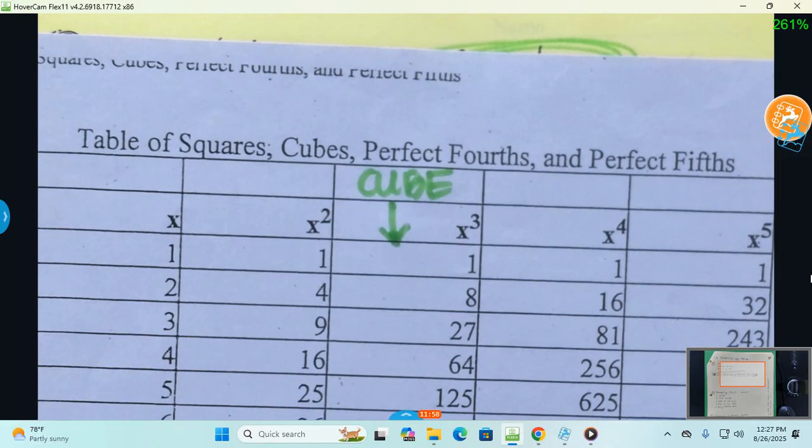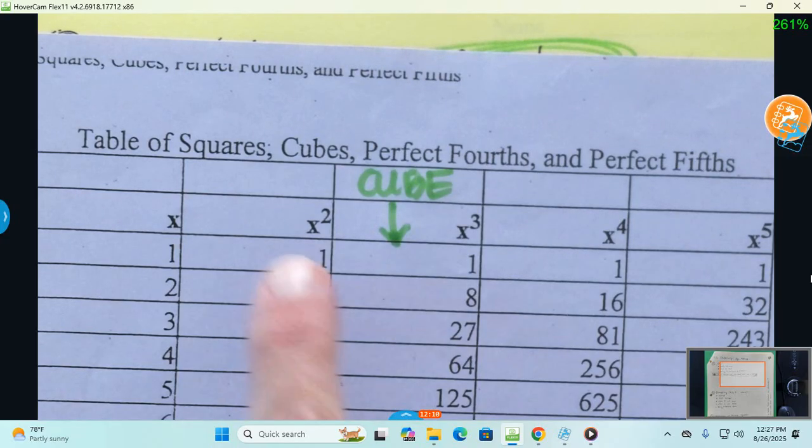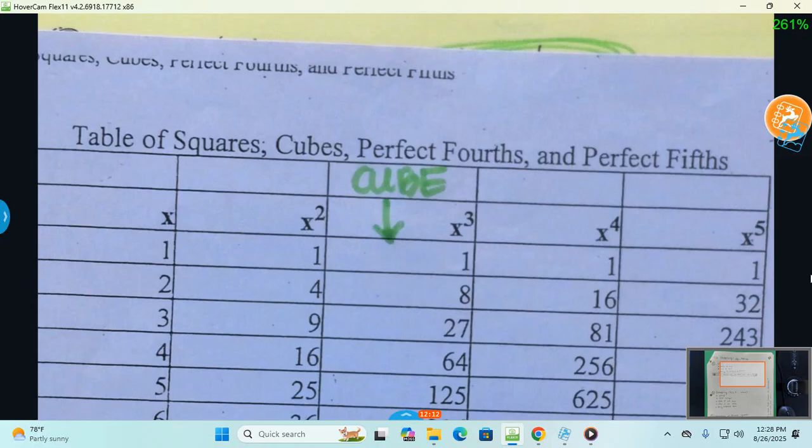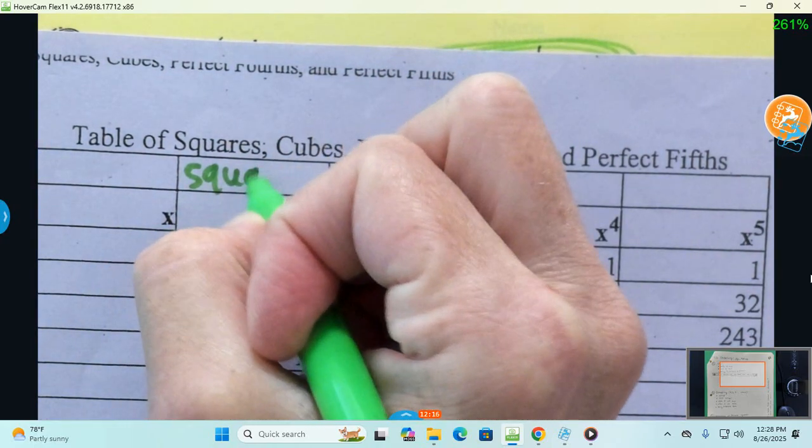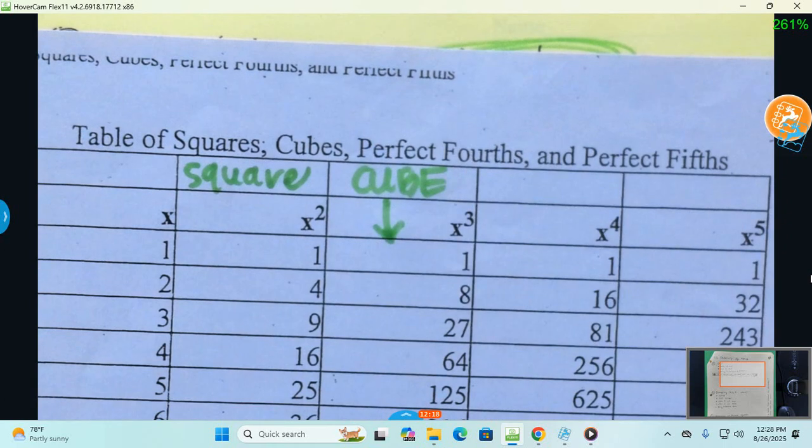If it is not in that column, it is not. So you look for the numbers down that column, and you'll be more familiar with the cubes as we go along. If it's in the cube column, you're good. If it's over here, these are squares. This is your square column. You can't have a cube problem if it's in the square column. Same thing opposite. You can't have a square problem if it's in the cube column.